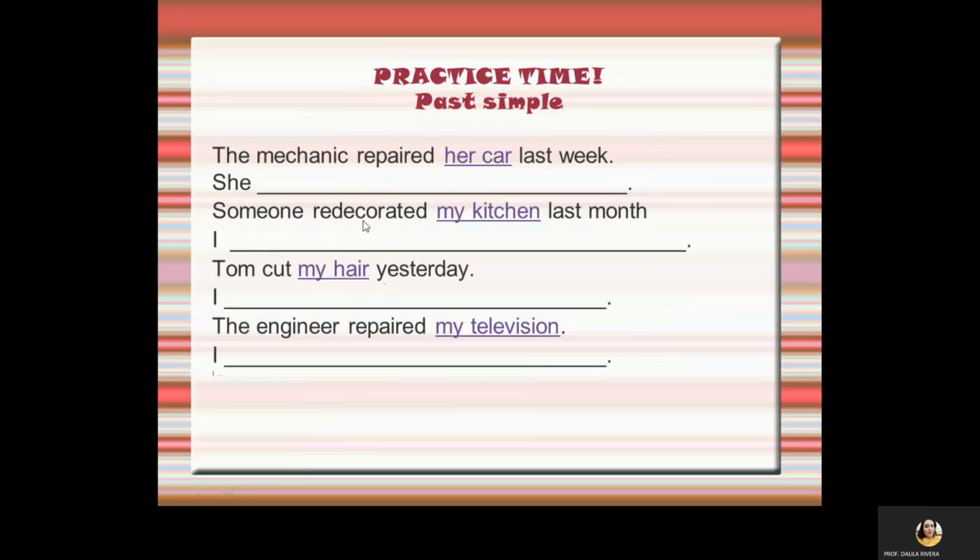I redecorated, past tense, had something, my kitchen, redecorated last month. It's not necessary to include by someone, as someone is not giving me any information of the person who performed the action. So I only have, I had my kitchen redecorated last month.